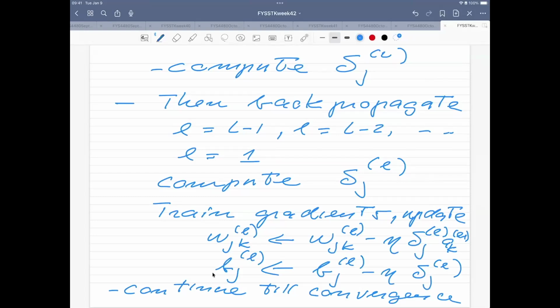You can think of that as one iteration. Then you go back and forth according to how many iterations you're willing to do, and then you would stop. This is the training of a neural network, using the back propagation, which gives you the expression for the gradients.